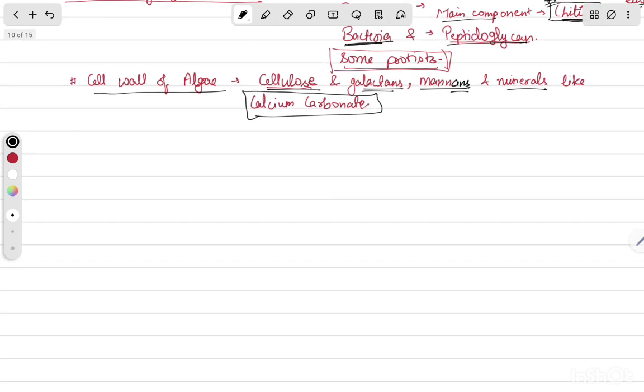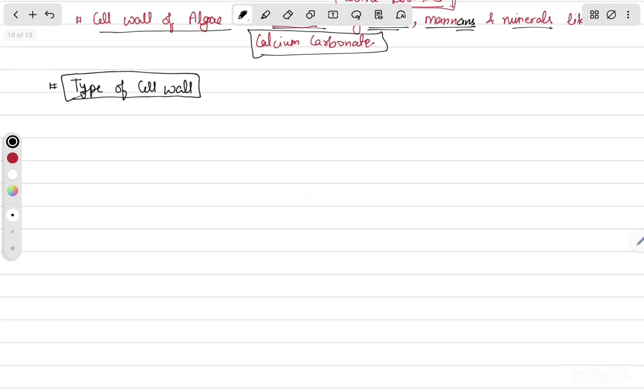Now we'll be discussing types of cell wall, or we can say formation of cell wall. How is cell wall formed? Suppose we have a plant cell. This is the plant cell. At the time of division, two nuclei are formed, right?